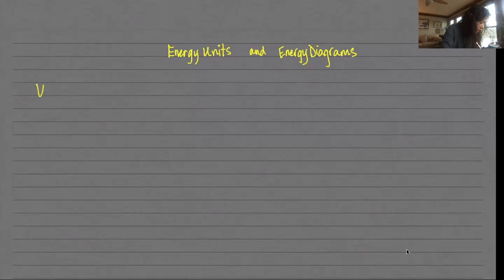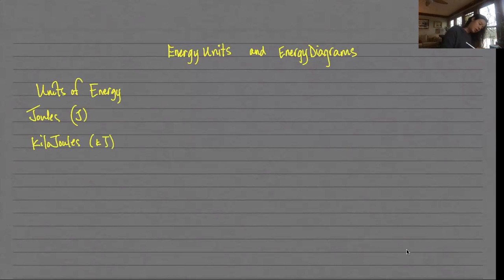in preparation for our next unit on thermochem. Units of energy. Well, we've got several. We're not going to look at all of them. You've got joules, J. Kilojoules, you often see, kJ. We've got calories, and we've got Calories.